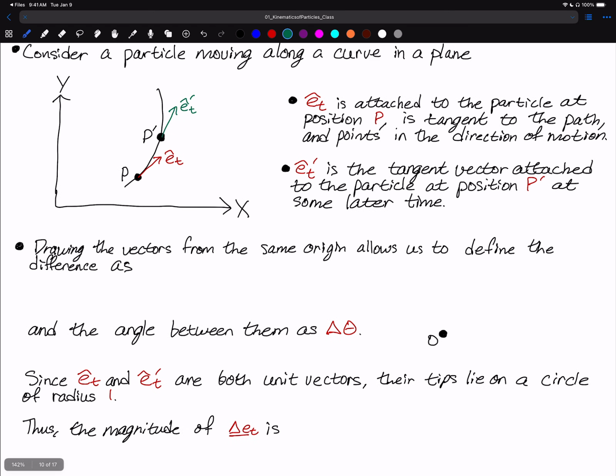Here these two unit vectors are attached to a moving reference frame. But we're going to draw them from the same origin by attaching ourselves to that moving reference frame. When we are attached to the particle moving with that reference frame, from our view, E hat T is going to be fixed in place.